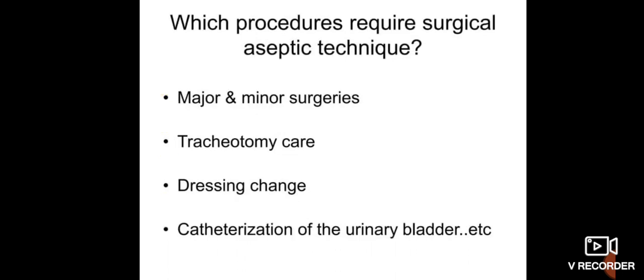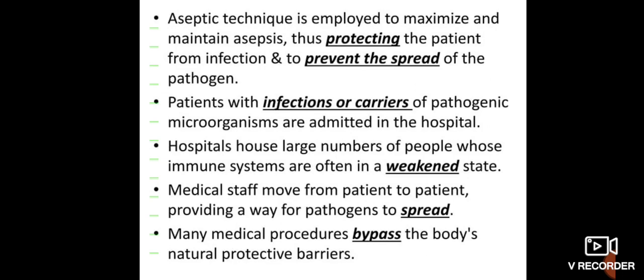So what could be the procedures for the surgical aseptic technique? That is minor surgery, tracheostomy care, dressing change, and catheterization of the urinary bladder, etc. Aseptic technique is employed to maintain asepsis, protect the patient from infection and prevent the spread of pathogens.